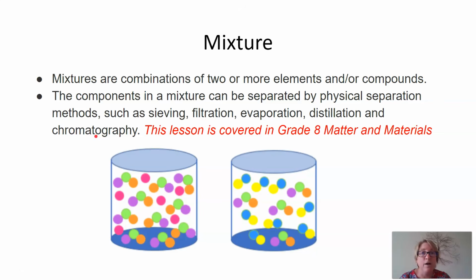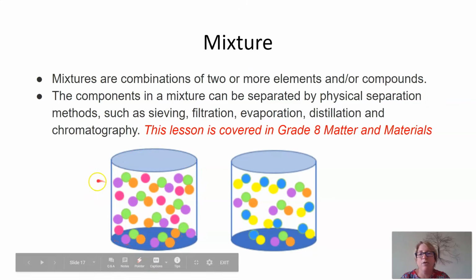And you will be able to find this lesson in grade 8 Matter and Materials. But if we just have a look at the definition and link it up with the diagrams. So mixtures are combinations of two or more elements or compounds.